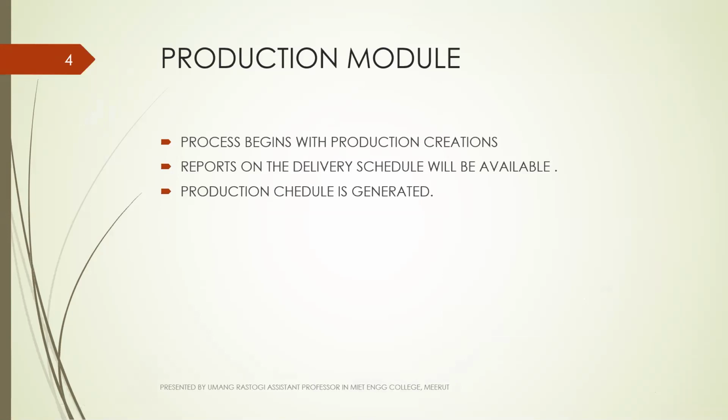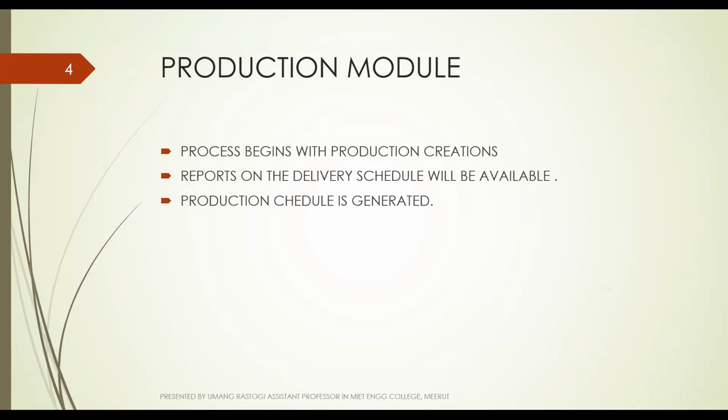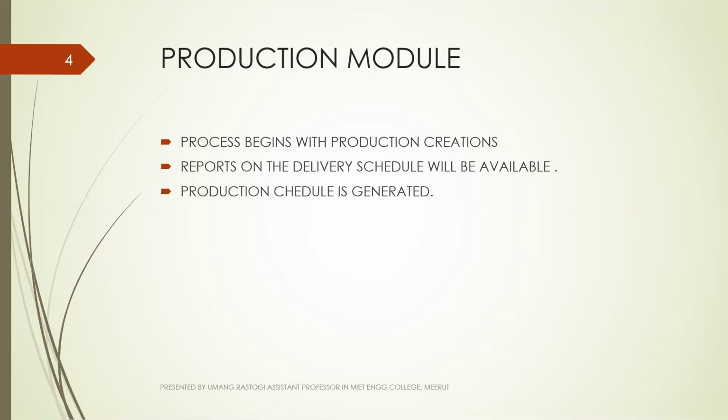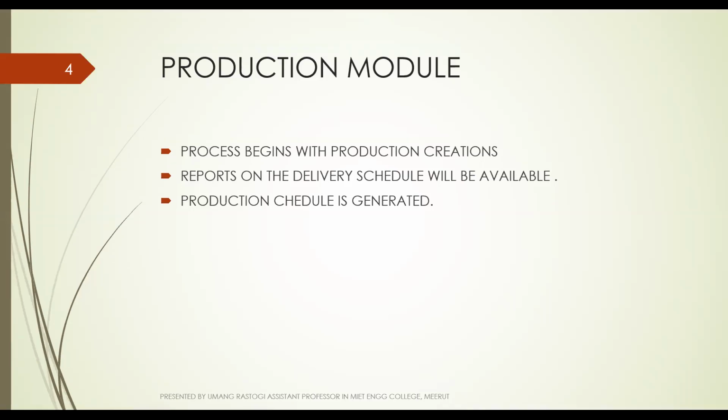the process begins with production creation. As you know, every module starts from some step. So here the first step is production creation. Before production creation, I want to tell you something about production planning. The production planning phrase evolved from Manufacturing Requirement Planning 2 into the ERP.